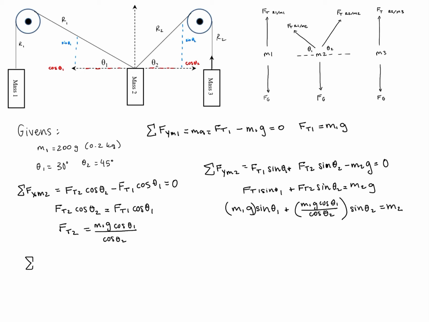So the sum of the forces in the y of mass 3 is equal to force tension 2 minus m3g, which is gravity, equals 0. And so ft2, force tension 2, equals m3g.